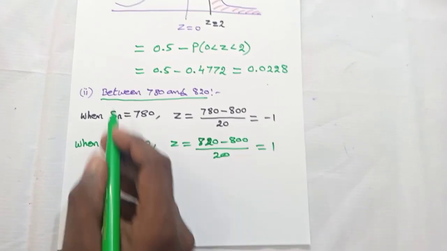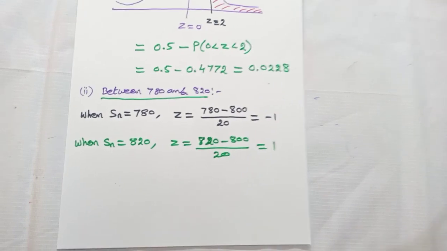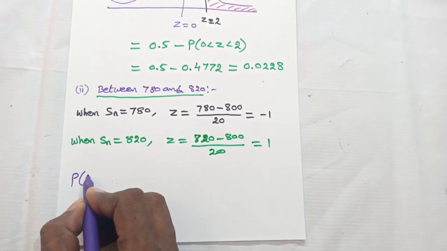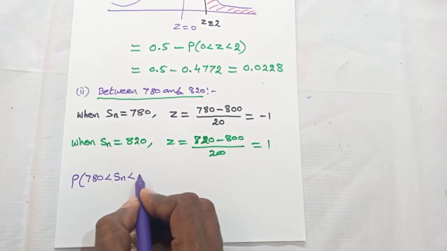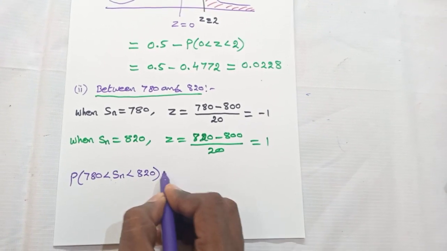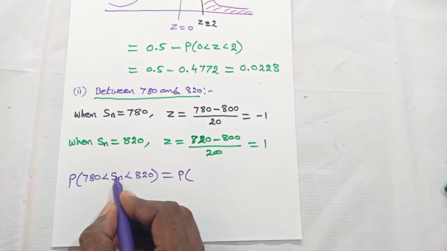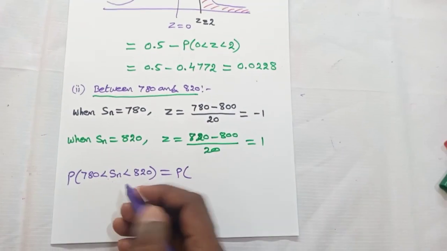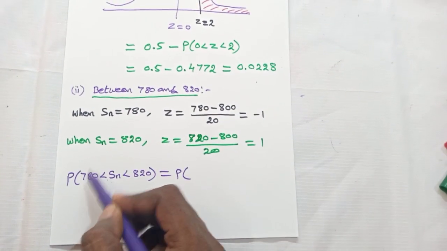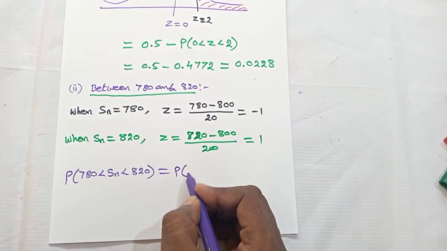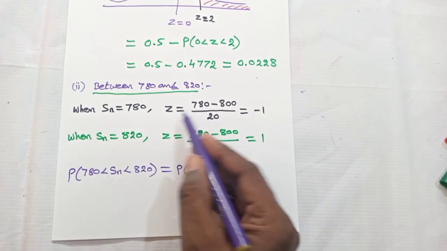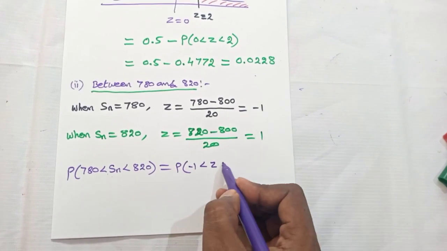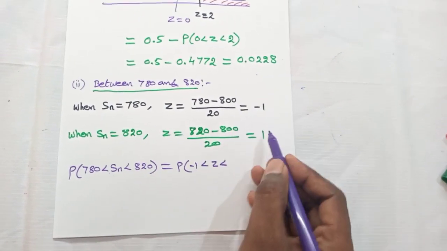So I want to find out the probability that 780 is less than Sn less than 820. Converting into terms of Z, it is minus 1 less than Z less than plus 1.